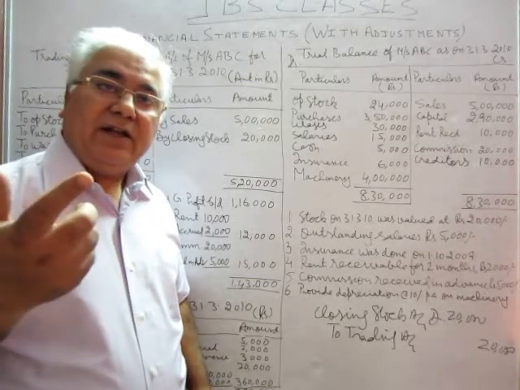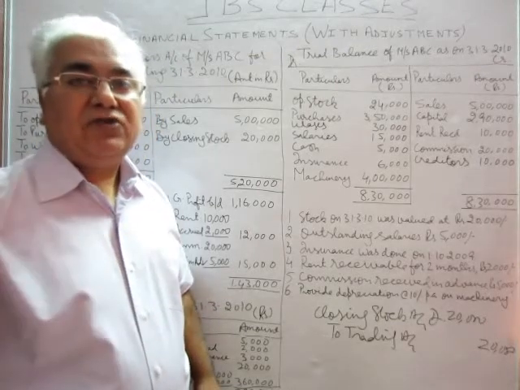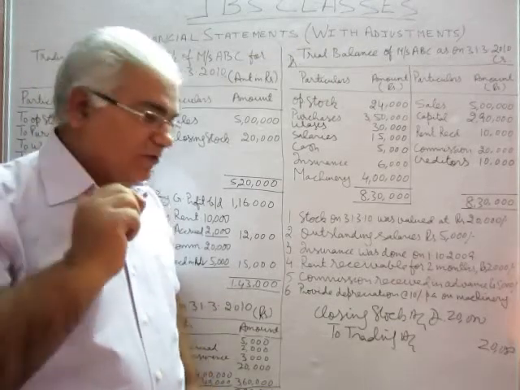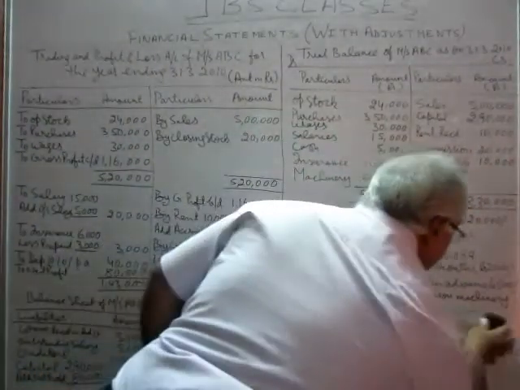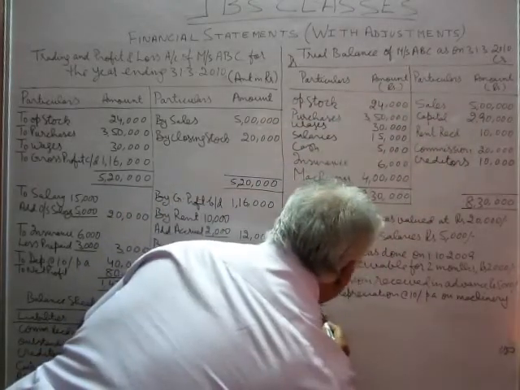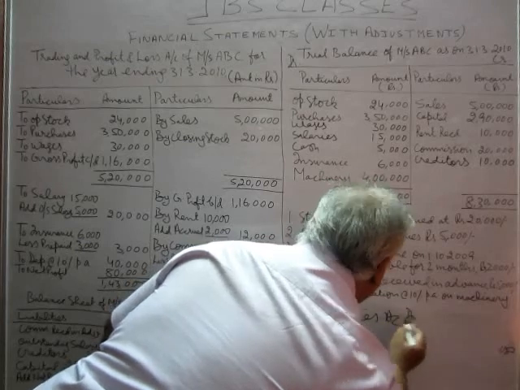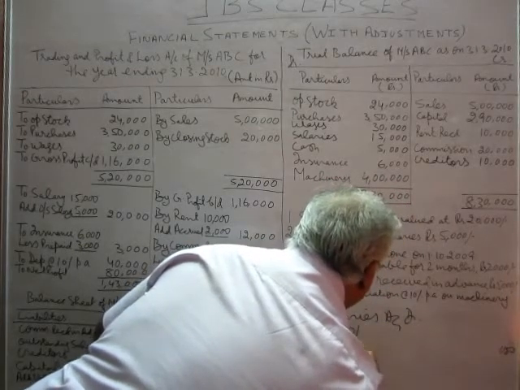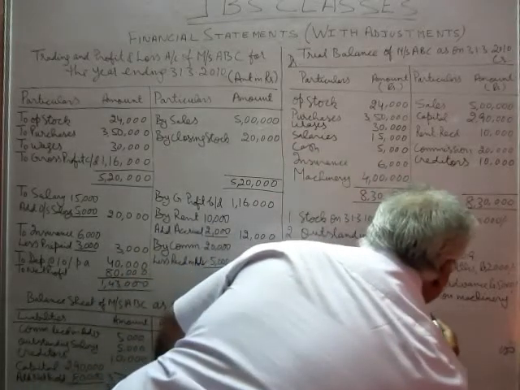So what should be the entry? Entry should be salaries account debit to outstanding salaries account 5,000. Salaries account debited to outstanding salary 5,000.